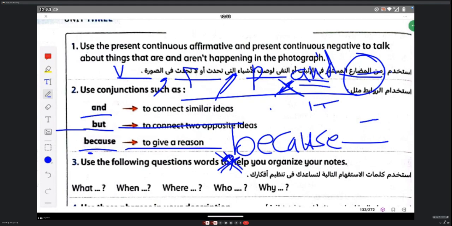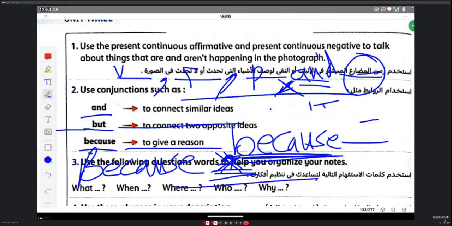It's not right to put a comma here. Because without a comma. If because comes at the beginning of the sentence, this is the only way we use a comma, before the next sentence. Okay? So because has no comma.